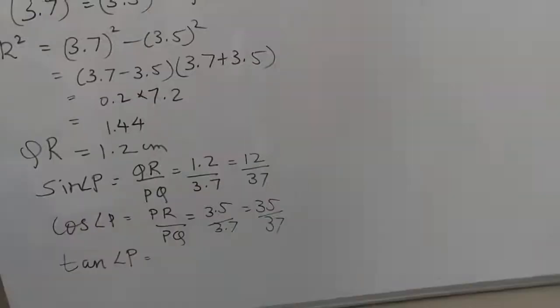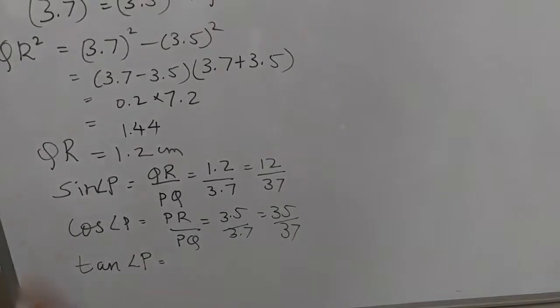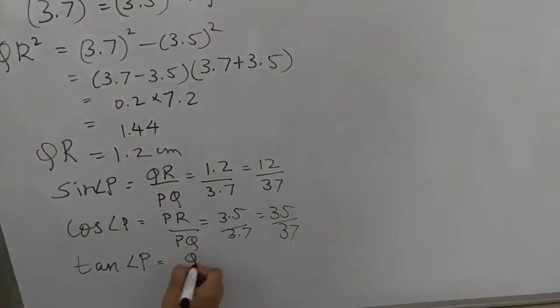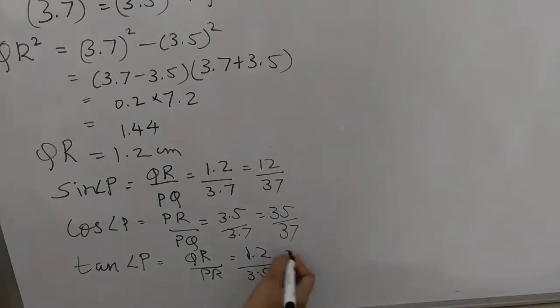So I write opposite to P is QR and adjacent to it is PR. QR was found as 1.2 and PR is 3.5. So we get 12 by 35. These are all the three ratios of angle P.